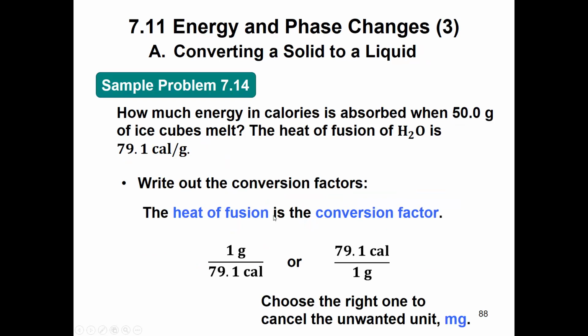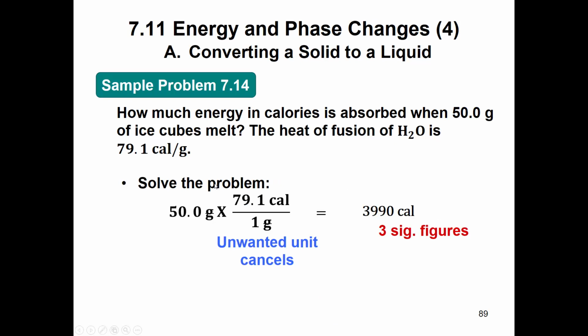So 1 gram over 79.1 calories, or the 79.1 calories over 1 gram, we have to figure out which one is going to get us to the correct place. So we have 50 grams, so I've got to have grams on the bottom.